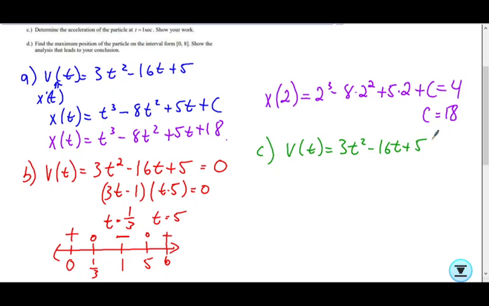That's what they gave us. We also know that the derivative of velocity is acceleration. So when you take the derivative, you get 6t minus 16. And so the acceleration at time equals 1 is 6 times 1 minus 16, which is negative 10.